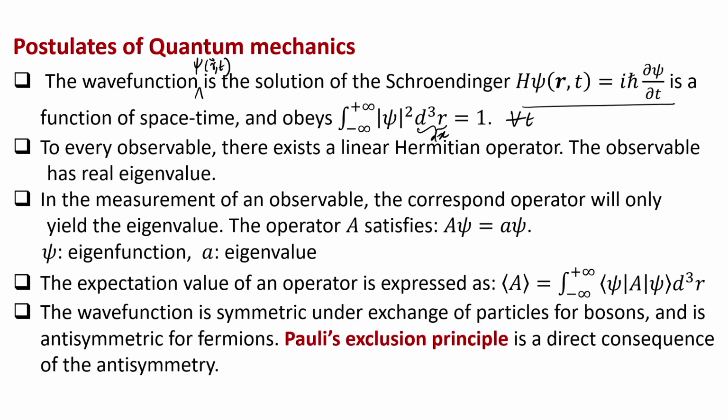The second postulate says that to every observable there exists a linear Hermitian operator. And these are very important things. One is that it is a linear operator and it is a Hermitian operator, and what we mean by Hermitian operator we will see, but what it really means at this level is that the Hermitian operators are associated with the observables and should yield real eigenvalues.